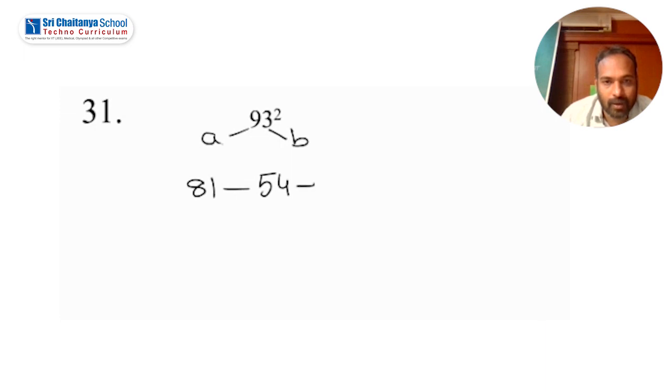Then 3 square, which is 09. Do the balancing. 9, 0 carry forwards here. 54 plus 0, 54. 5 will carry forward. 81 plus 5, how much? 86. 86.